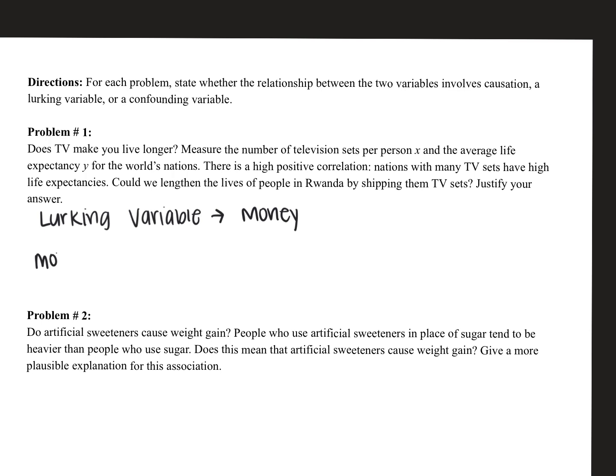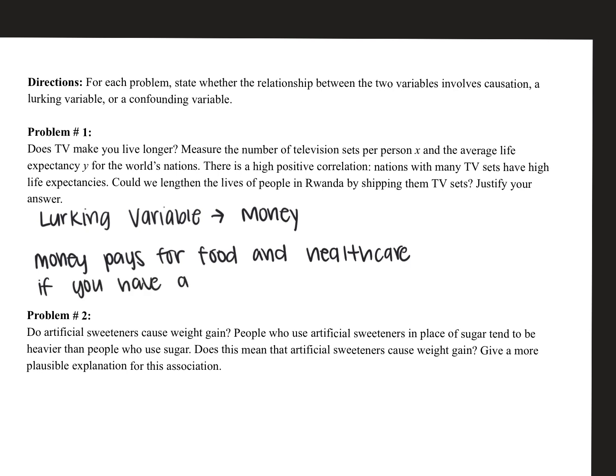So money pays for food and health care, which can help your life expectancy. And if you have a lot of TVs, you probably have a lot of money.